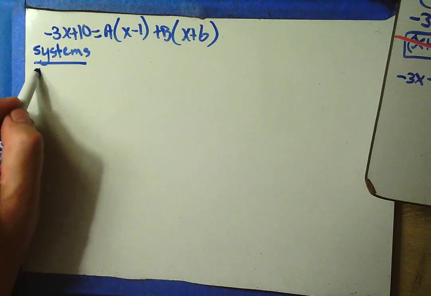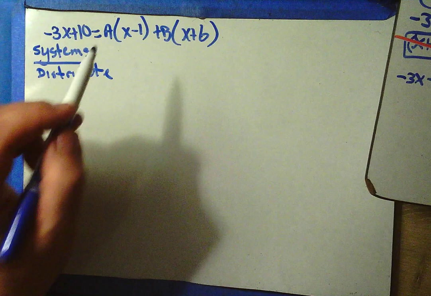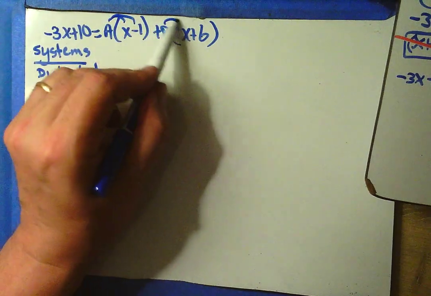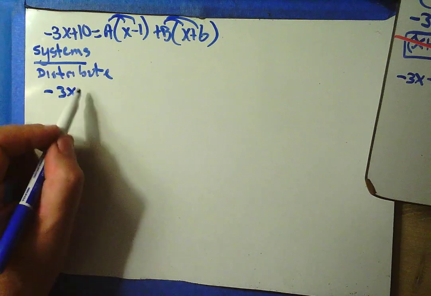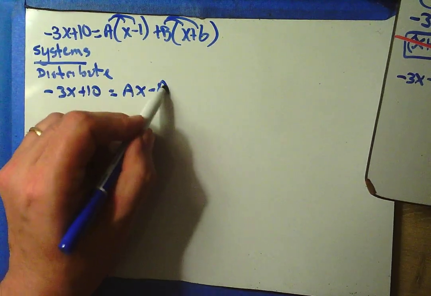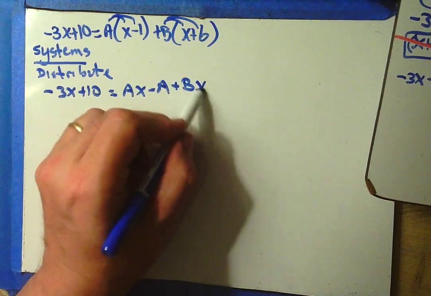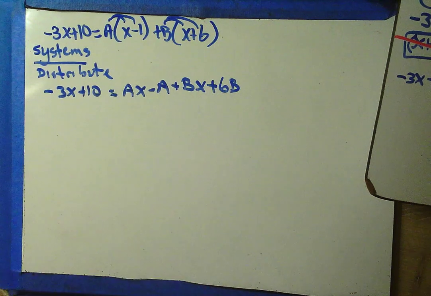we want to distribute. So I'm going to multiply through, and now my equation will look like negative 3x plus 10 equals ax minus a plus bx plus 6b. All right? Now, what do we do? Well, this is called systems because we want to make a system of equations.